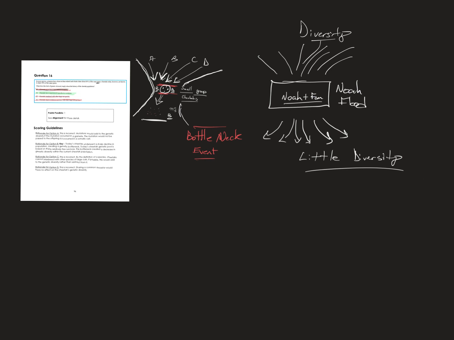And if the rest die, or at least don't produce enough babies, then you'll see a lot of similarities on the other side of that event between the individuals that are left over, much like what happened in this story of Noah's flood. All right, let's move on.